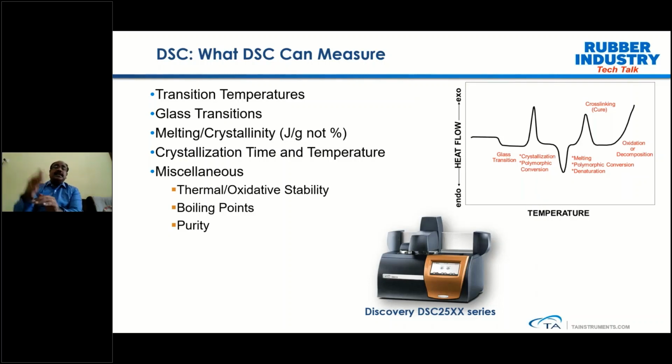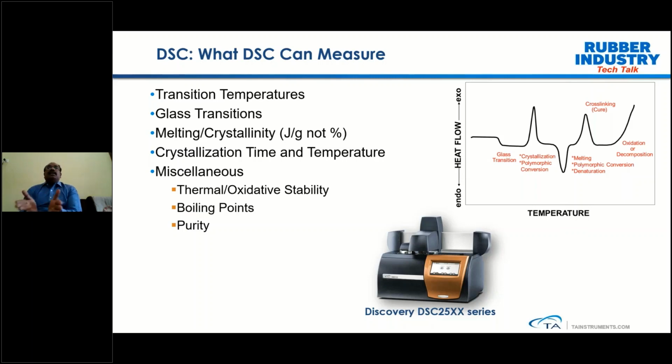So that's about the Discovery DSC 25,000. If you look at the typical thermograms, whenever a sample undergoes any endothermic or exothermic activity, we can see that as a shift in the heat flow. When the sample undergoes glass transition temperature, it is observed as an endothermic step. In case of crystallization, the curve goes in the exothermic direction, so we see an exothermic peak, and if it's melting, you can see an endothermic peak.